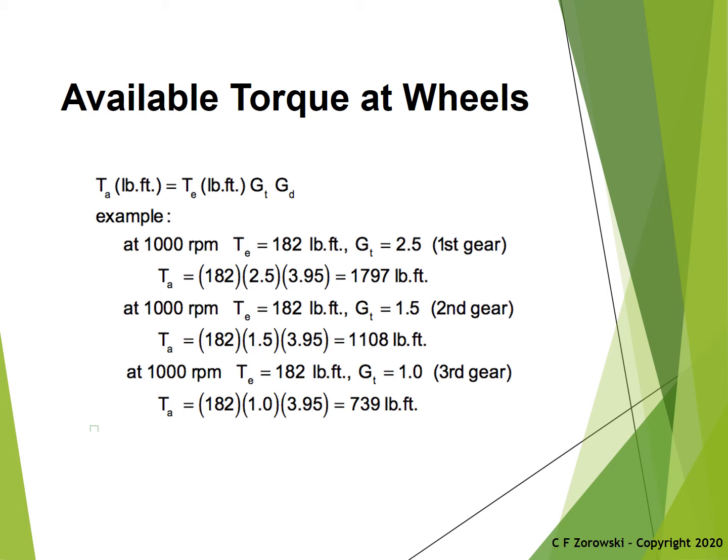Example calculations are presented for an engine output torque of 182 pound-feet at 1,000 RPM. As anticipated, the torque available at the wheels at a given engine speed decreases with shifting from first to third gear. These calculations represent a combination of steps 4 and 5 in the solution process.